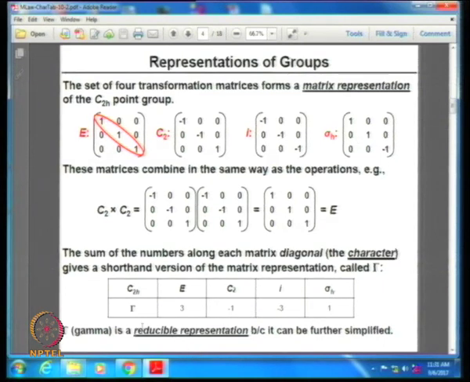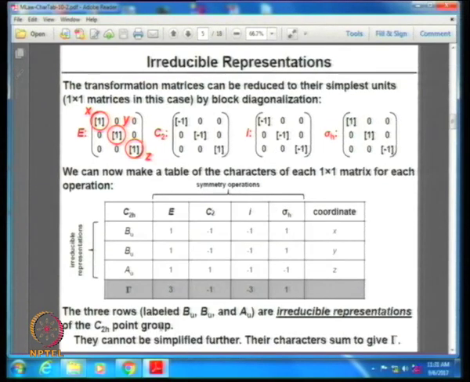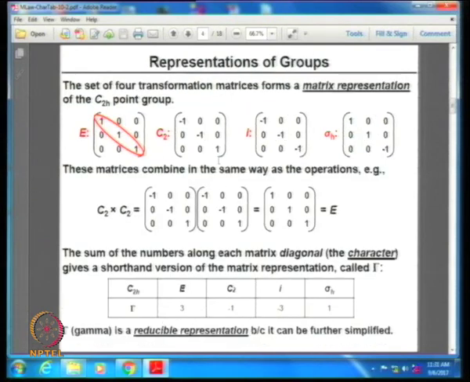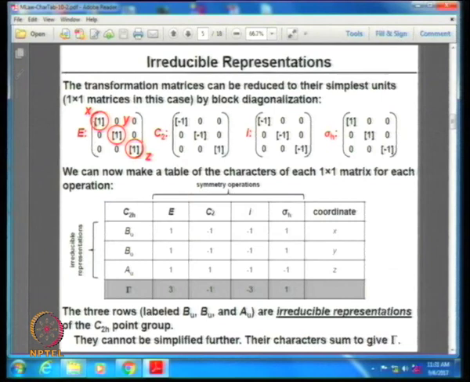Now this gamma is reducible, and one of the ways of seeing it is that after all it is just 1, 1, 1 dimensional. So it is block diagonal, with each block containing just one element. So this is clearly a reducible representation, and that's what is identified.